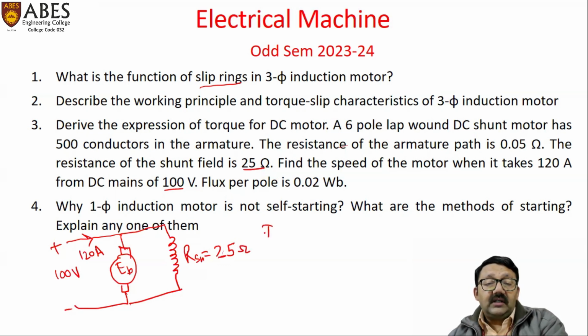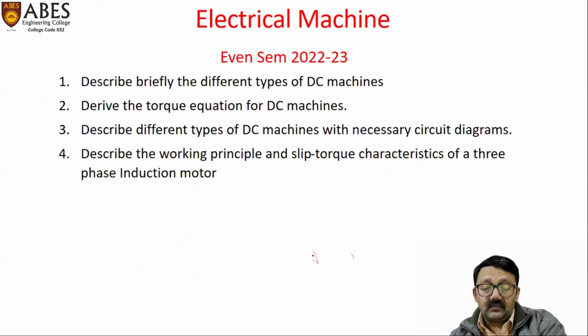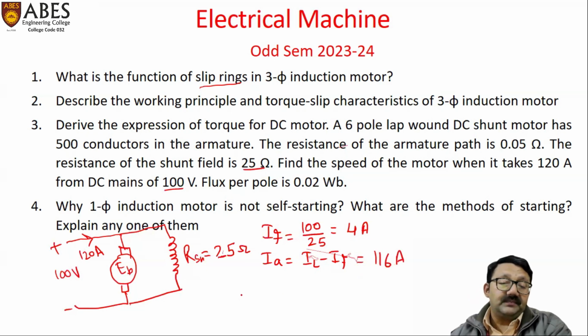So the value of field current IF can be calculated as supply voltage 100 divided by RSH, that is 4 ampere. As the value of line current is 120 ampere, the armature current is line current minus field current, and the value of this is 120 minus 4, which is 116 ampere.